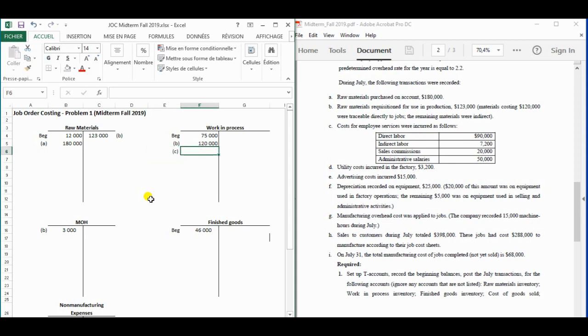Okay, so in the debit side of the work in process, I will record $90,000. The indirect labor part will be recorded in the MOH. Okay, so the indirect 7,200.